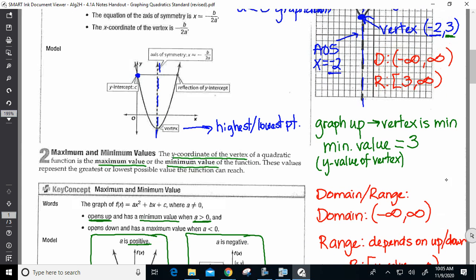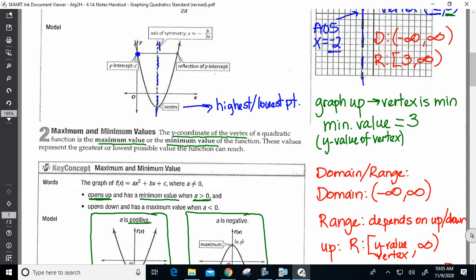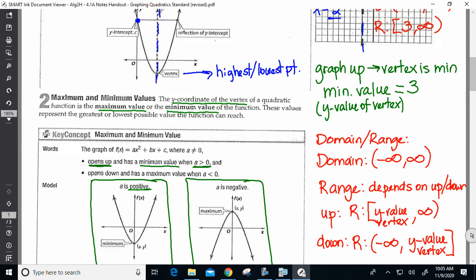Any questions, domain and range, before we do a graph ourselves? Any questions, speak now, or keep your peace until later.